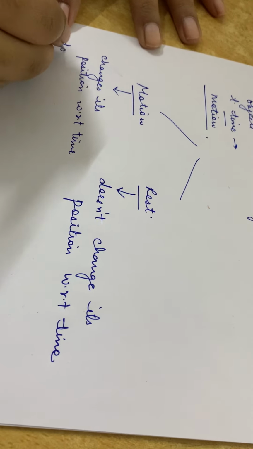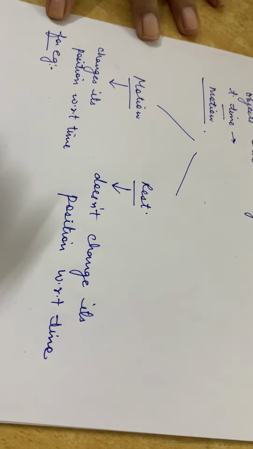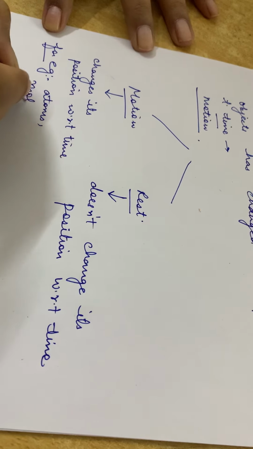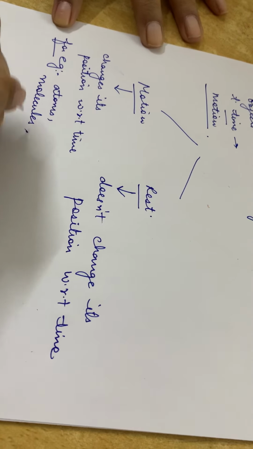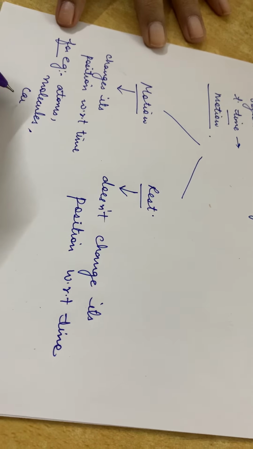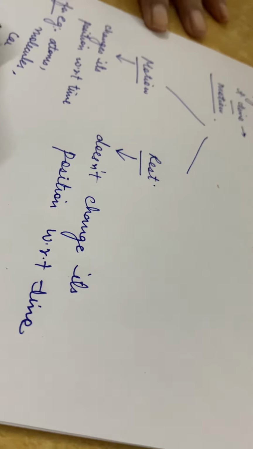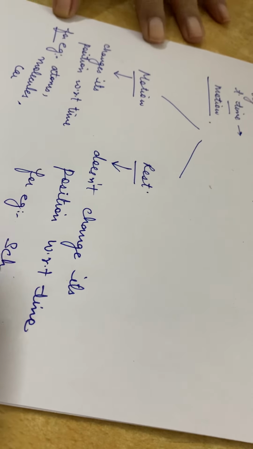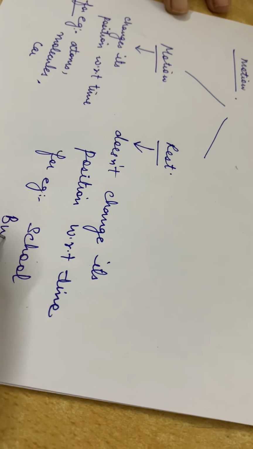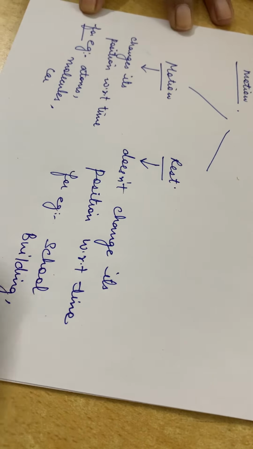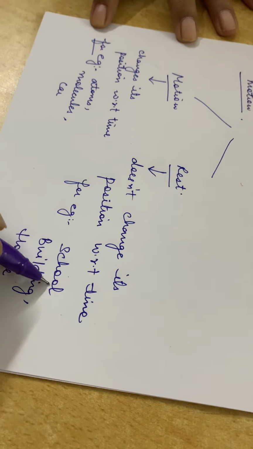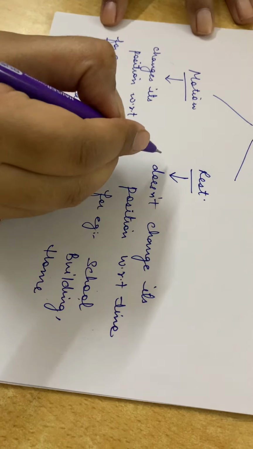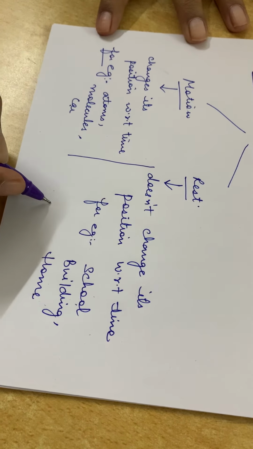Example over here, you can take your example, or you can talk about atoms, molecules, cars. They all are changing their position with respect to time. Rest, for example, your school building, your home, because they are not changing their position with respect to time. So this is the basic difference between motion and rest.